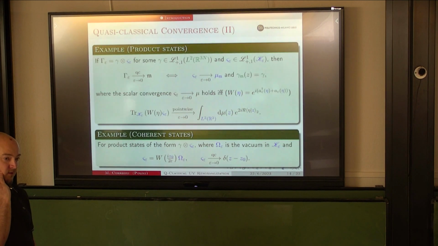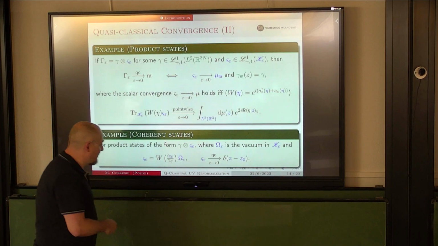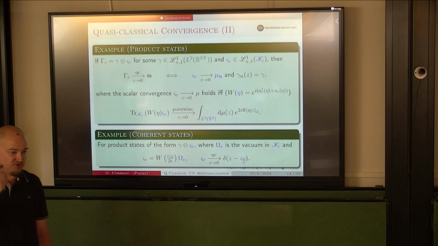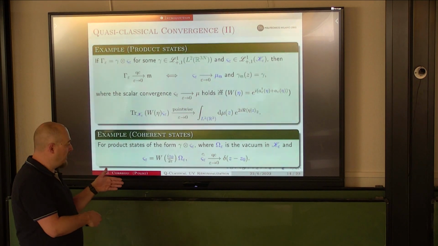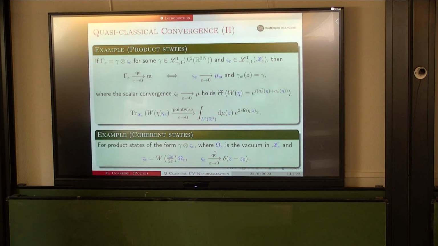Maybe I'm not understanding then what it is, but I was still seeing the delta as something that's not an L2, so it was kind of scary. Okay, yes, but here this is just a very weak topology, and you should think of this as a measure living on the Hilbert space. As a measure, it makes sense. It just singles out a single point, and if you want to integrate a function of z against this measure, it just gives you the value of the function at that point. Okay, perfect. Yeah, thank you.